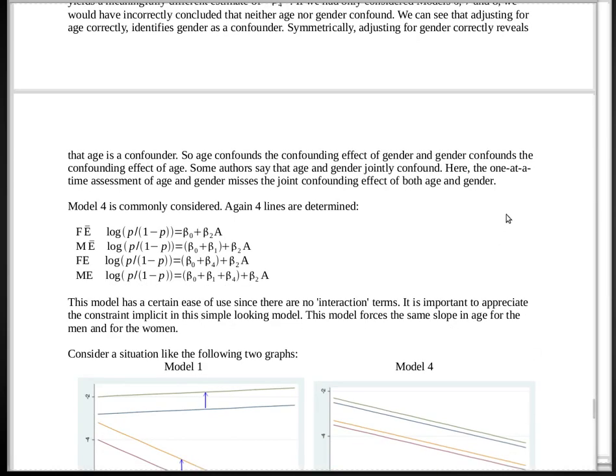So again, I'd like to take a few minutes and refer back to Model 4, the so-called additive model. The additive model here, as I said, in some literature is the only one that's considered, and sometimes you'll see this language used: we just enter the variables in the model.